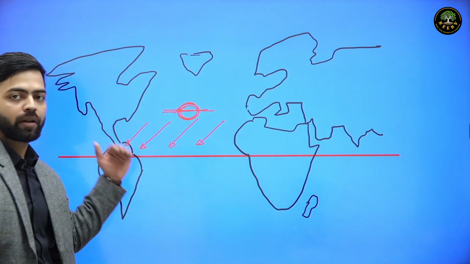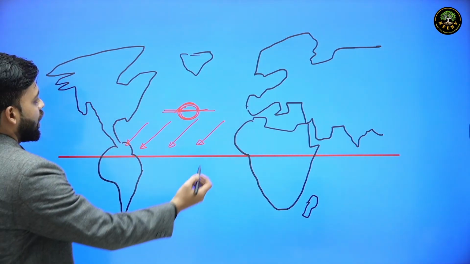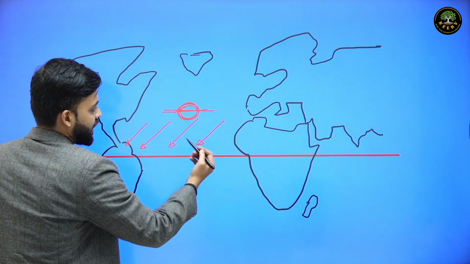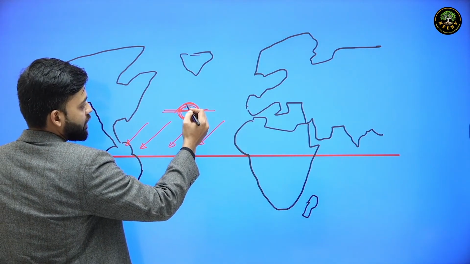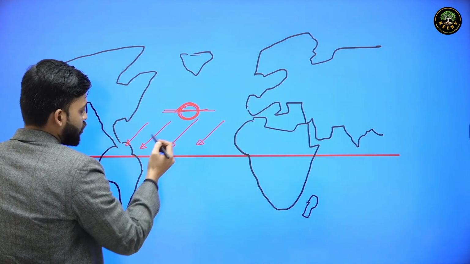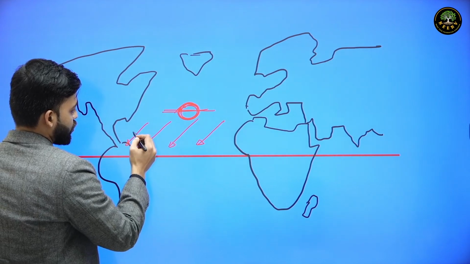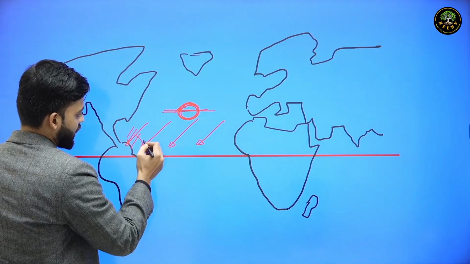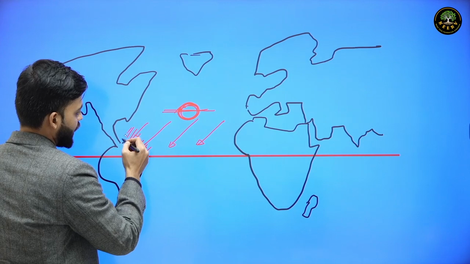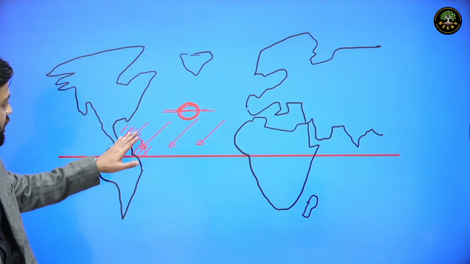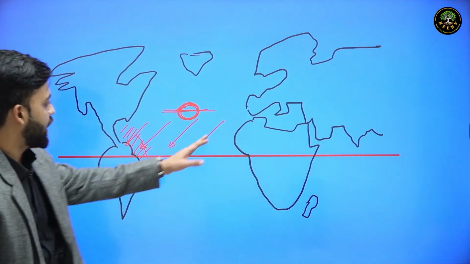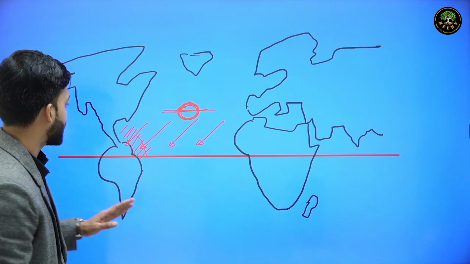We already saw that in the previous diagram. Now what will happen? These trade winds will bring this warmer water towards the western section of the ocean. This is the western section of Atlantic Ocean and this is the eastern section of Atlantic Ocean.